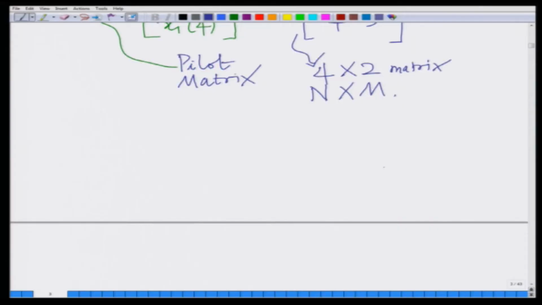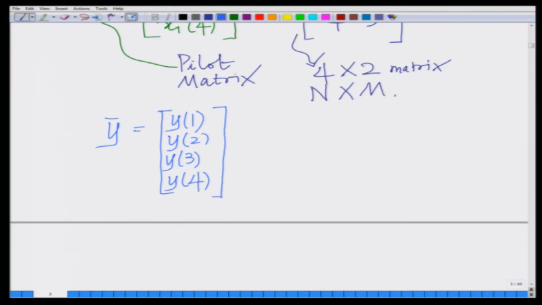Okay. Also, let us now form the observation vector y bar equals y1, y2, y3, y4, which is basically 2, 1, 1, 2.